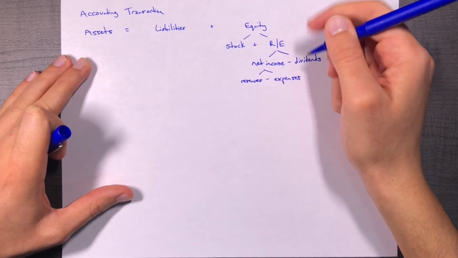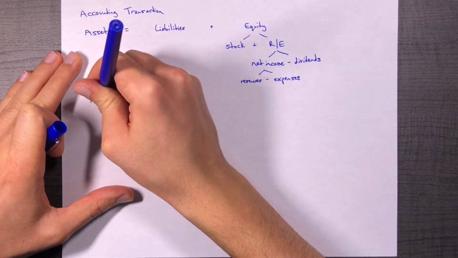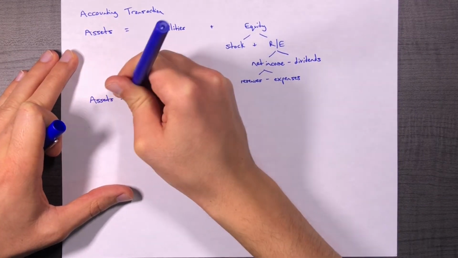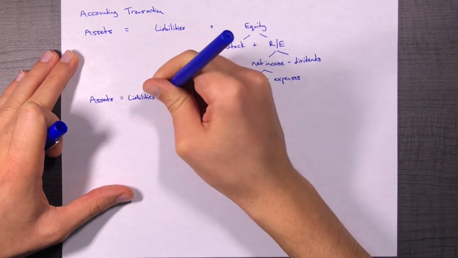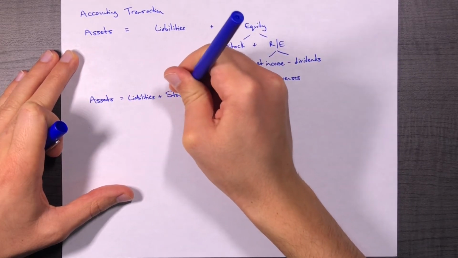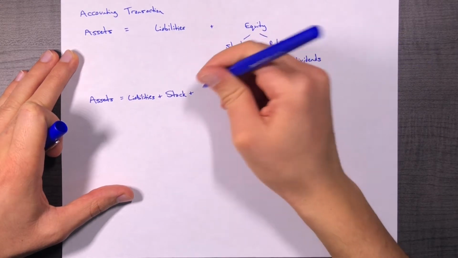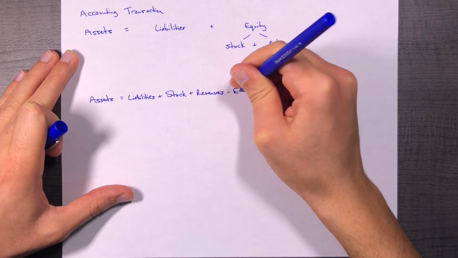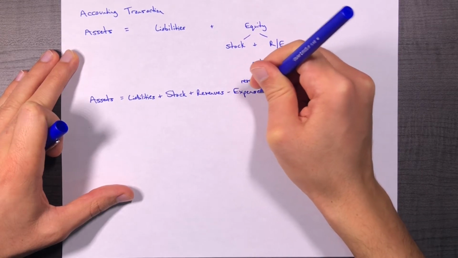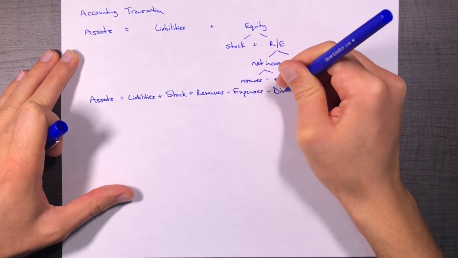So our new accounting equation is assets equal liabilities plus stock plus revenues less expenses less dividends.